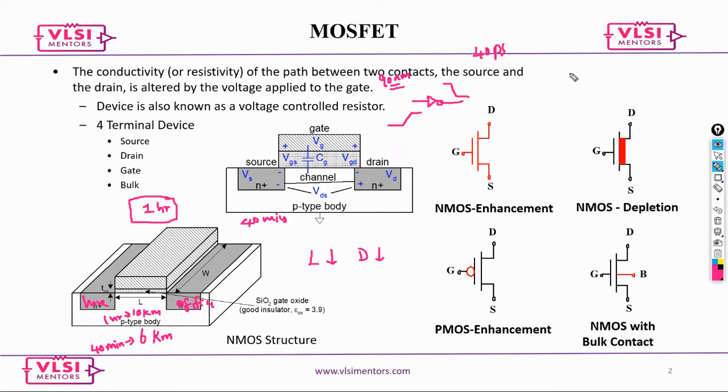In case of 65 nanometer, you would still have, say, somewhere around 35 ps, and also your device size would have been lesser. So this is your size of the device, whereas in 65 nanometer it is going to be something like this. So you are getting two benefits: one is less delay, and also a reduction in the area.